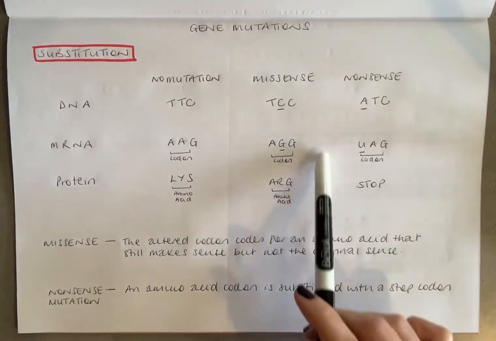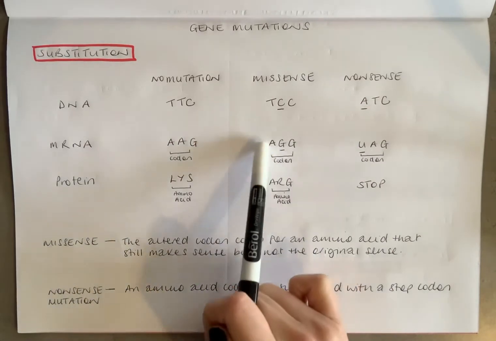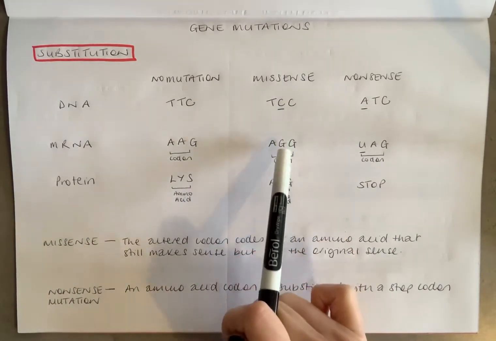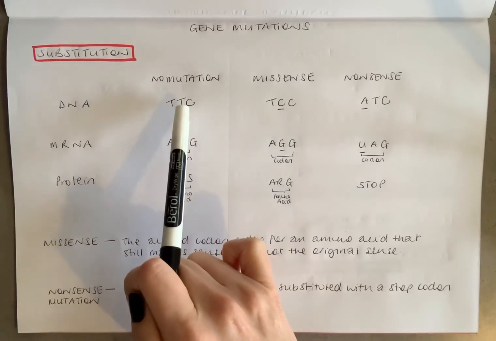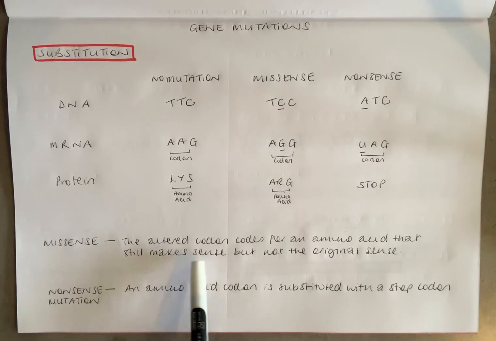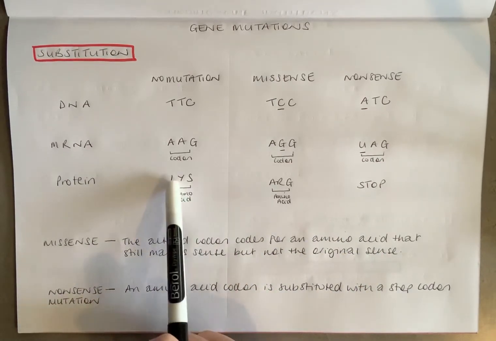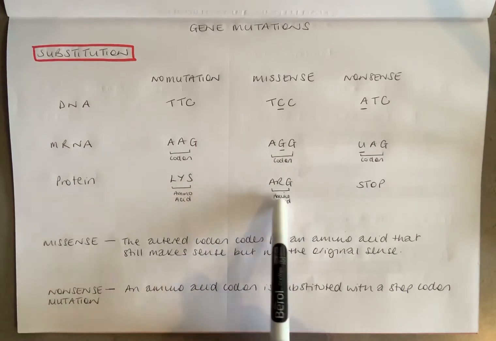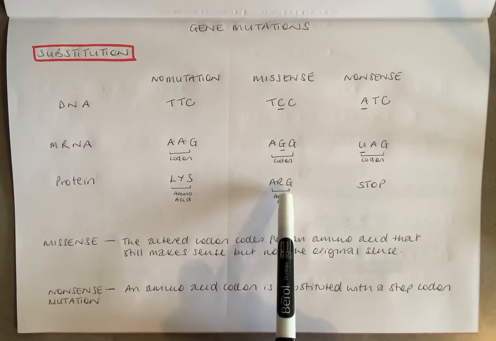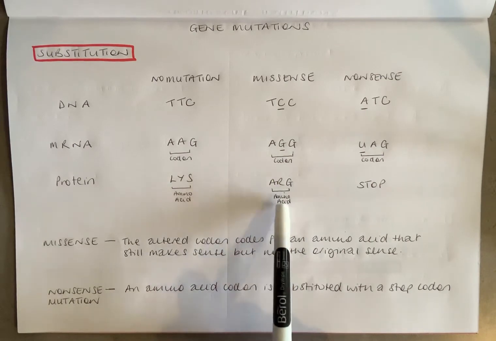So the effect of a substitution mutation on the overall protein: as it says here, missense, the altered codon, because we no longer have what the original sequence should be, codes for an amino acid that still makes sense, but not the original sense. The original sense is lysine, but we now have this different amino acid.